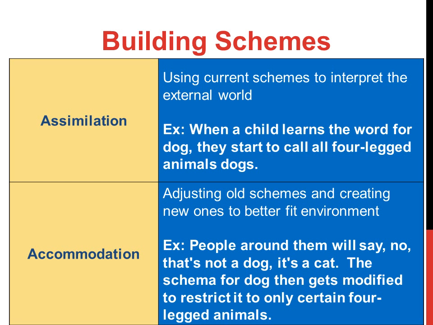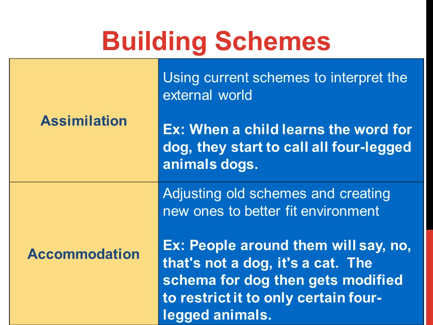So how do we build these schemas? So Piaget believed that children are going through two particular processes in building schemas. And these processes of learning are called assimilation and accommodation.